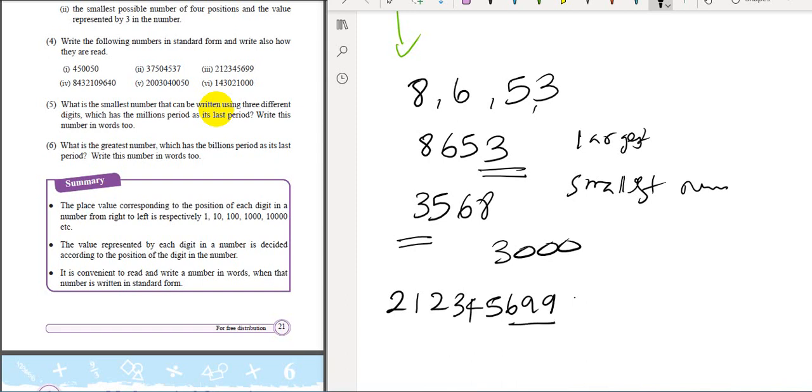These three numbers, and these three, and these 3. This is units, thousands and millions. 212,345,699.